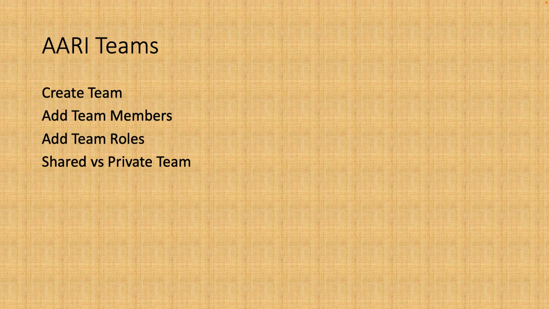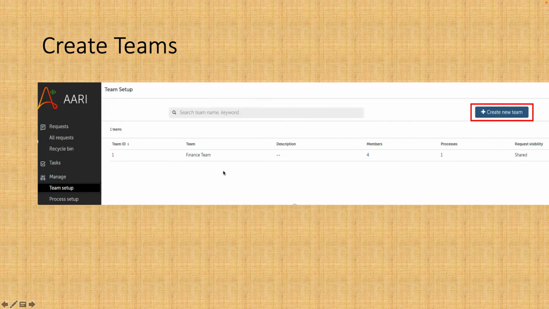So now let's talk about RE teams. In RE teams, we create a team, we can add team members, add team roles, and it can be shared or private. When you want to create a team, you'll obviously log into the portal, and you should have an RE admin or RE manager role.